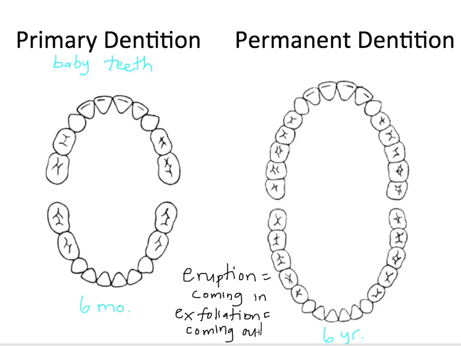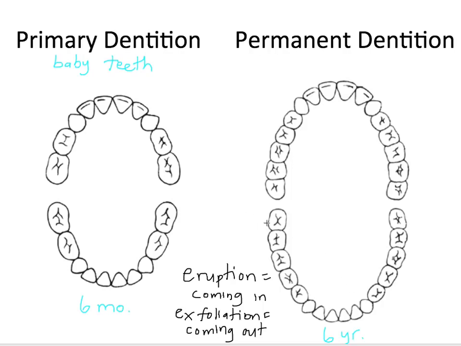So as the permanent teeth erupt, the primary teeth that are being replaced will be exfoliated. So that's a helpful way to think about those terms. So again, at 6 months, we're starting to get eruption of the primary teeth. By 6 years, we're starting to get eruption of the permanent teeth.